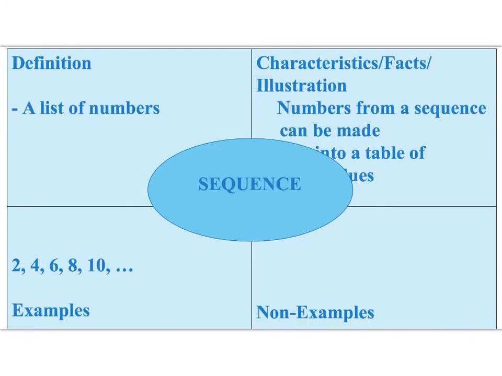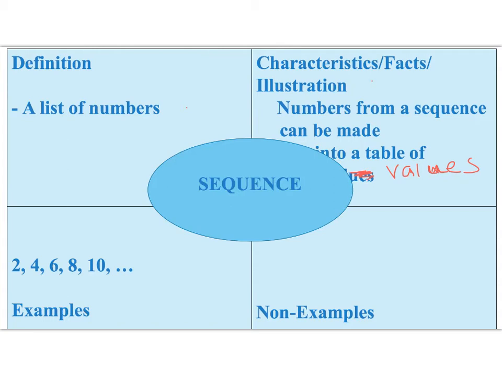Another vocab word is sequence. A sequence is just a list of numbers. The characteristics, illustrations, and facts: numbers from a sequence can be made into a table of values.